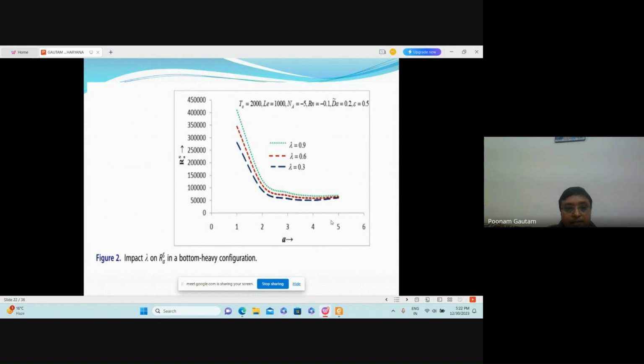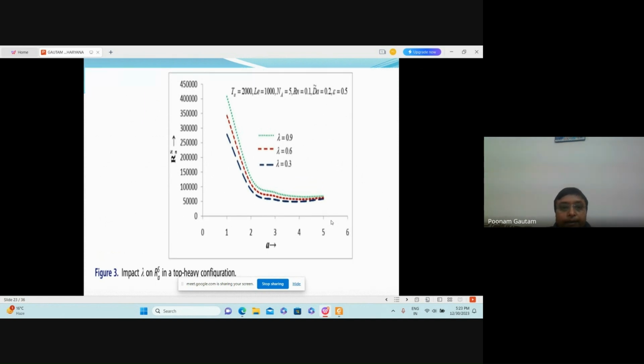These are the analyses. From the graphs we can see when we take different values for the Jeffrey parameter lambda, then the Rayleigh number here increases. And I have considered two distributions, two configurations, top heavy and bottom heavy.